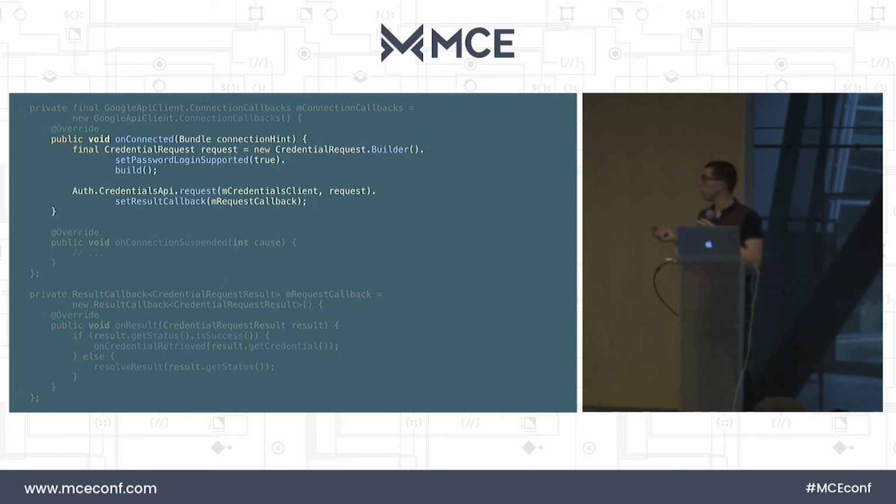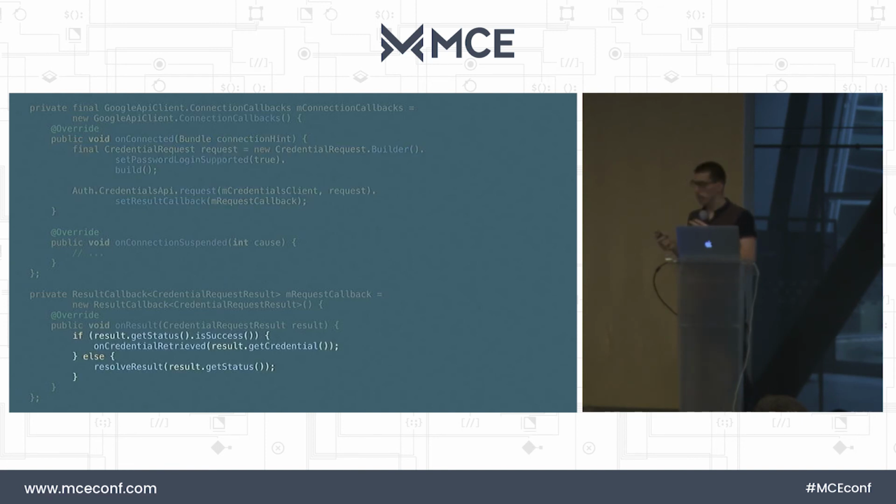We create a credential request; basically we want email and password pairs, and we request these credentials. We set the callback as mRequestCallback, and if we go to the mRequestCallback, which is at the bottom of the slide, we just check the status. If the status is OK, then we have the credential and we can log in directly. If not, we have to resolve the result.